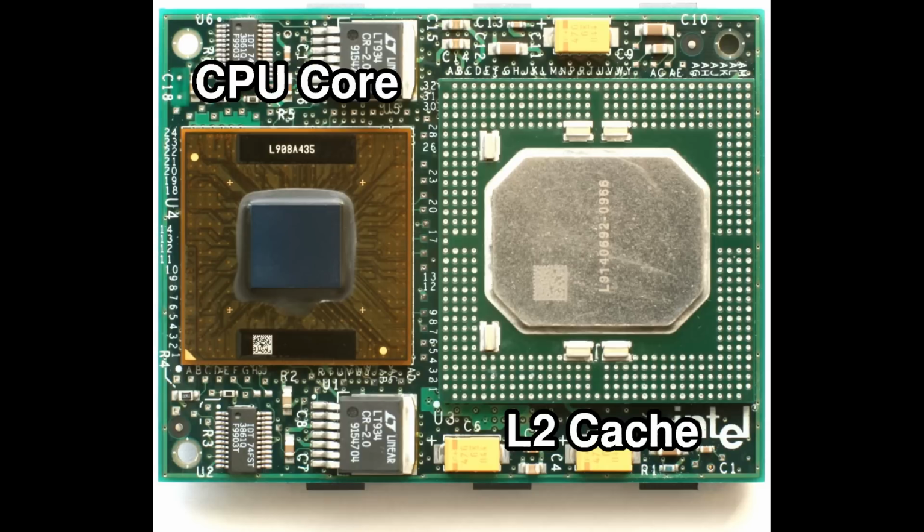Now, a year later, the Pentium II Overdrive was released. This put a 333 megahertz Pentium II in a Pentium Pro socket. This CPU is special because it has 512K of full speed off-die L2 cache.